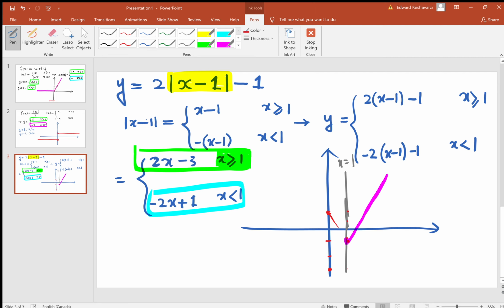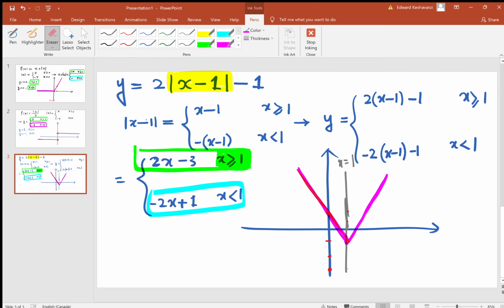That meets with the other line here. However, the restriction here is x less than 1. It means we need to keep the left side of the gray line, x equals 1. So therefore, I will keep this, and then I erase the other part.